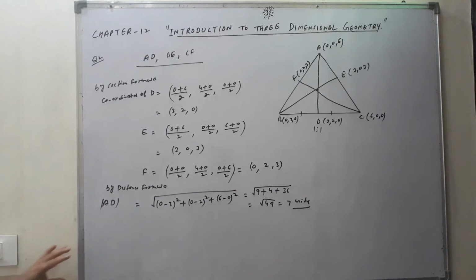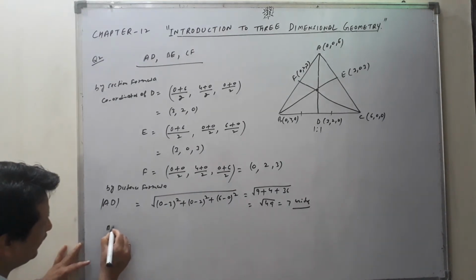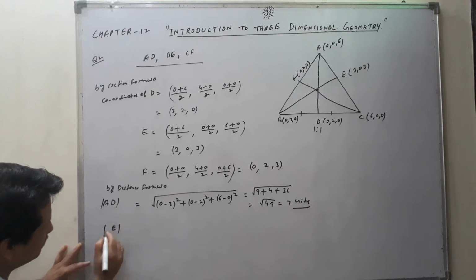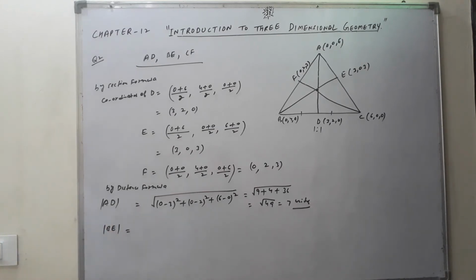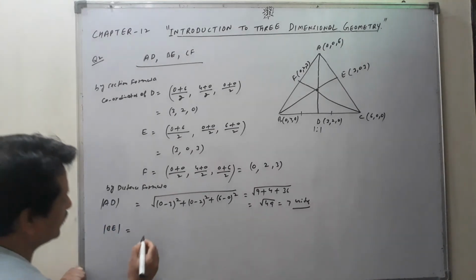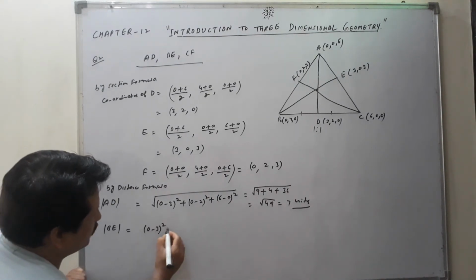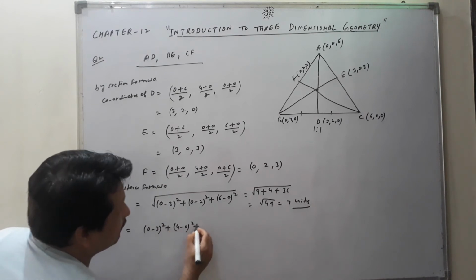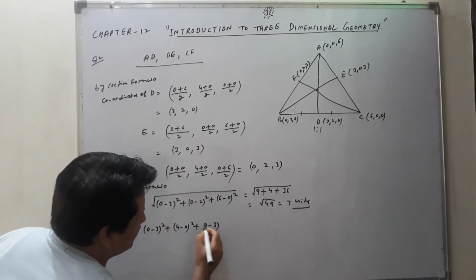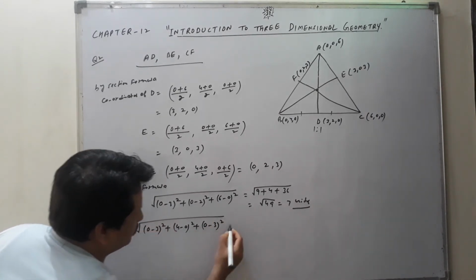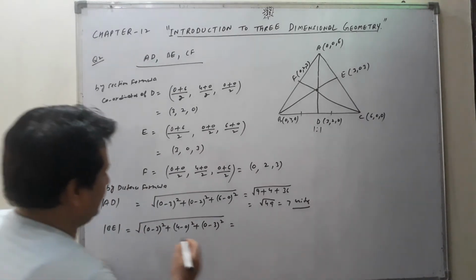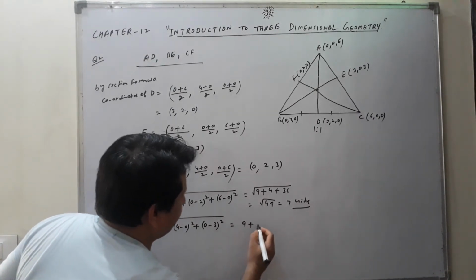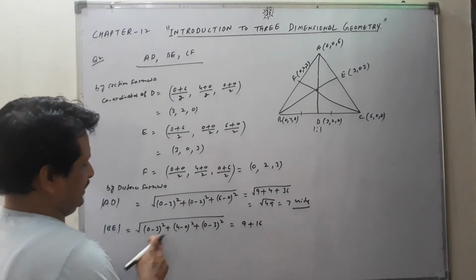Now let us come to the length of median BE. This is equal to 0 minus 3 its whole square plus 4 minus 0 its whole square plus 0 minus 3 its whole square, with square root. So what will you get? 3 3s are 9, 4 4s are 16, 3 3s are 9.